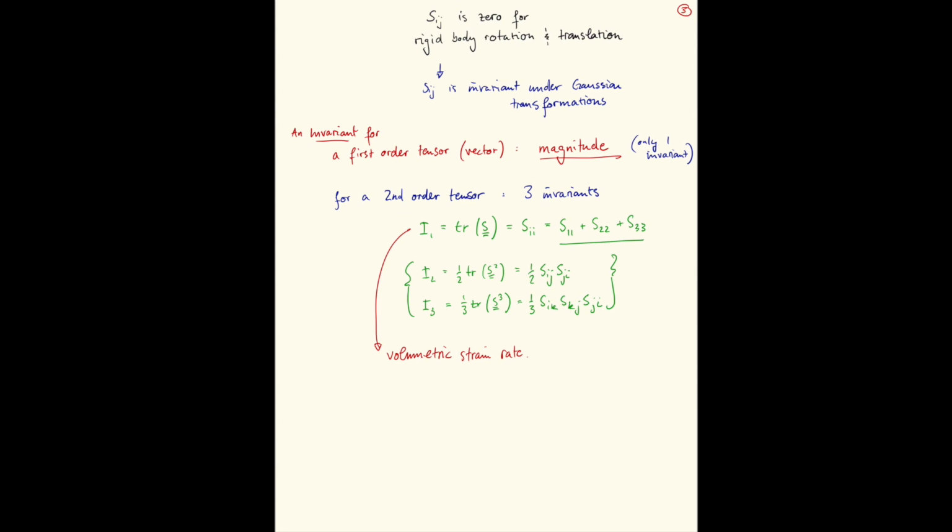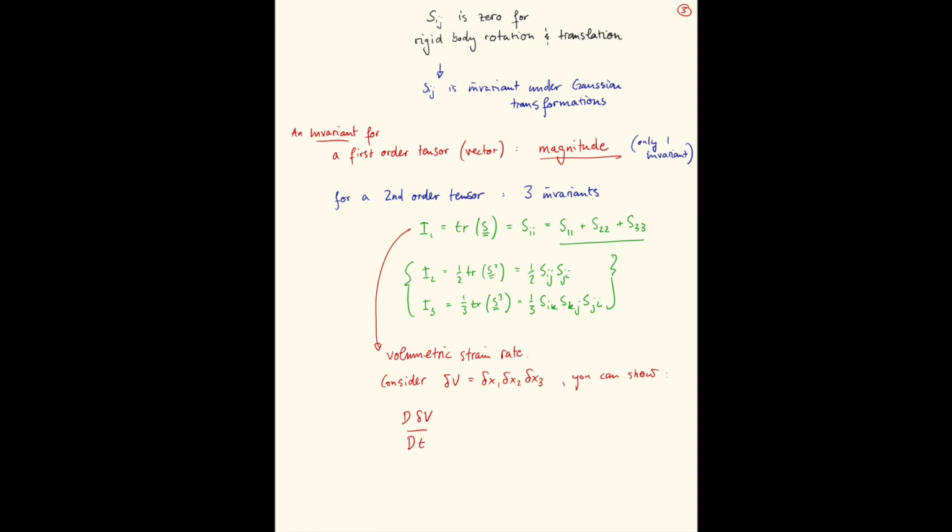If you consider a small fluid volume delta V, which is just delta x1 times delta x2 times delta x3, you can show that this volume changes over time.